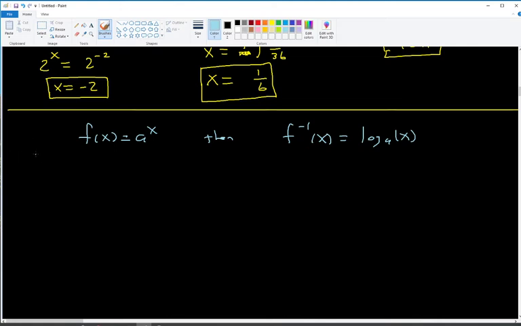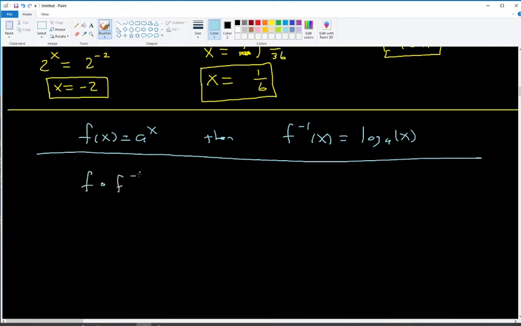So if we remember from section 4.1, if you have two different functions and you know they're each other's inverse, then the composition of the two functions with each other becomes x. So we have f composed with f inverse of x is x, and f inverse composed with f of x equals x.